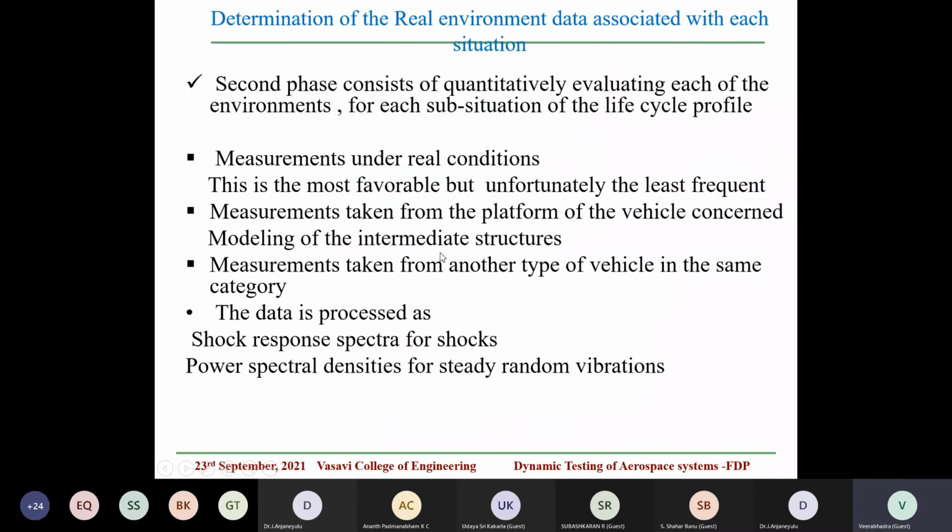Now after deriving the different environments, the second stage is determination of the real environment data associated with each situation. This has to be converted into test specifications. For example, if it is a shock, we convert it into SRS. If it is a vibration, we convert it into power spectral density for random vibrations.